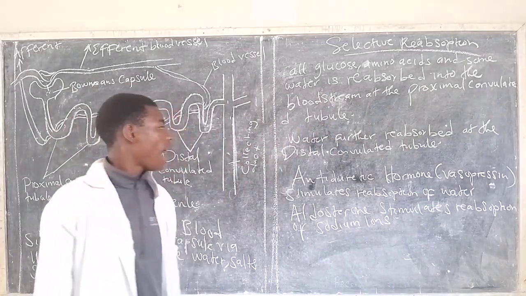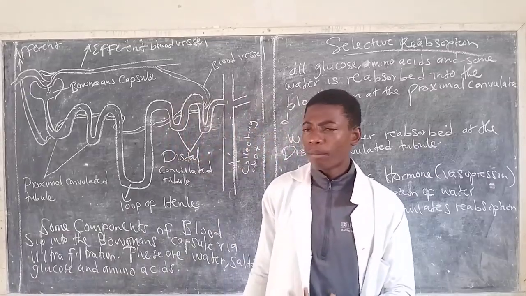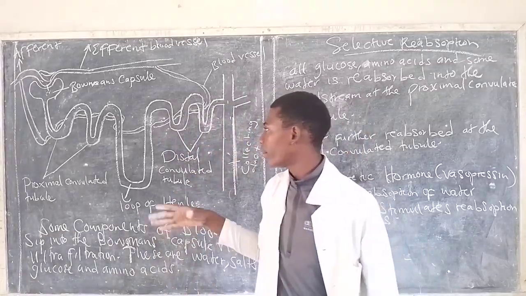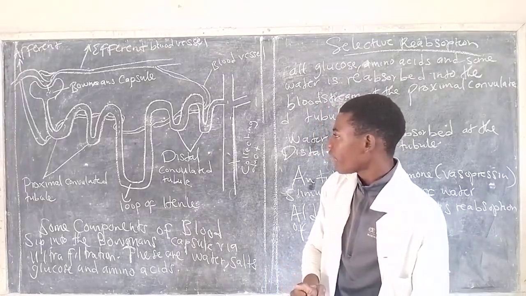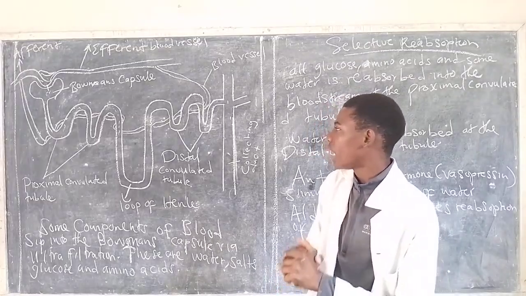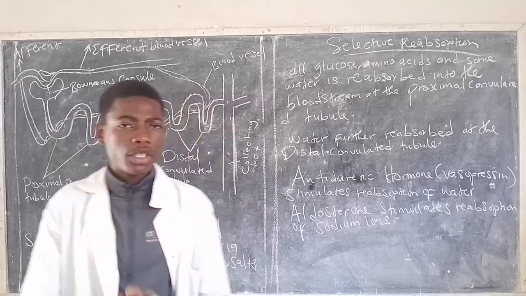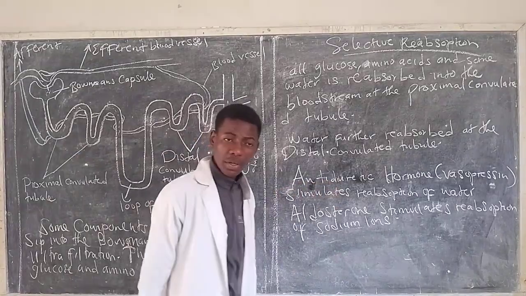To begin with, antidiuretic hormone, which is also known as vasopressin, helps the reabsorption of water back into the bloodstream. When the hypothalamus of the brain detects that the water levels are low, it communicates with the pituitary gland, which secretes the antidiuretic hormone.